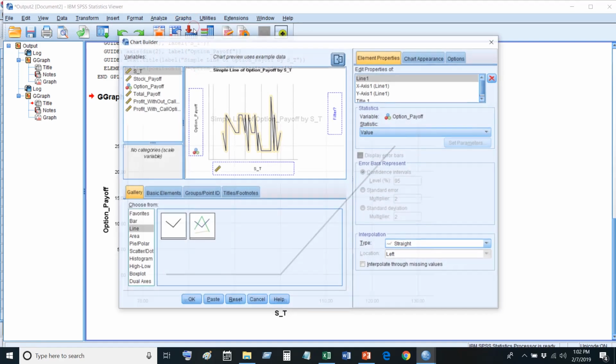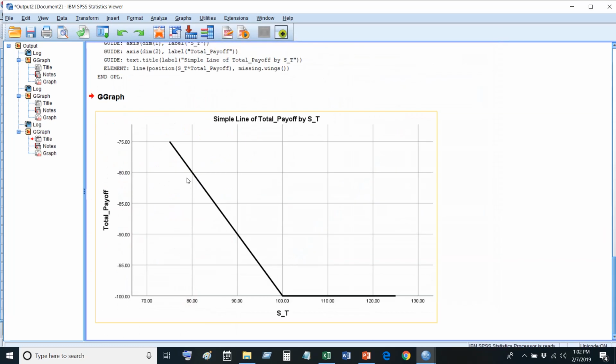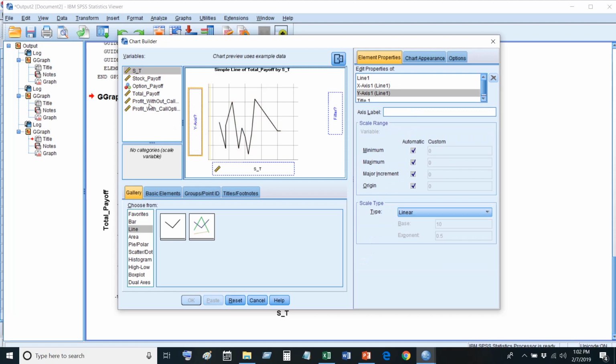Again, chart builder, we'll change this one to total payoff, we'll drag this here. So this is the graph of the total payoff. Graphs, we'll change this one to profit without the call option.